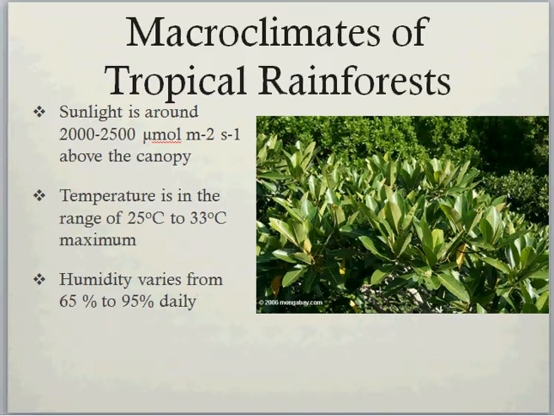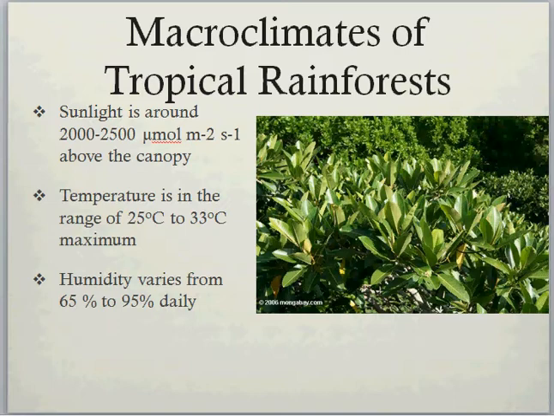When you get up into temperate regions, you're talking about a PAR of around 1500 micromoles per meter squared per second. So it's a much lower amount, and that's because it's got more atmosphere to go through, and the same amount of light is spread over a wider area up in those temperate regions. So sunlight is very high when it impacts on the top of the canopy.